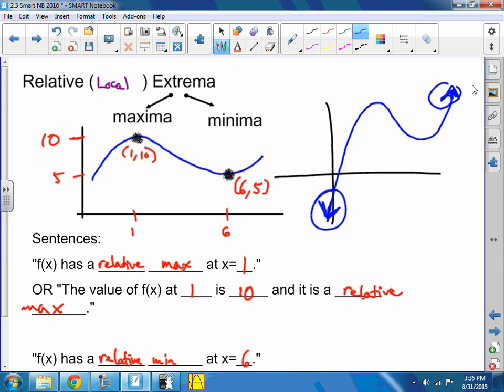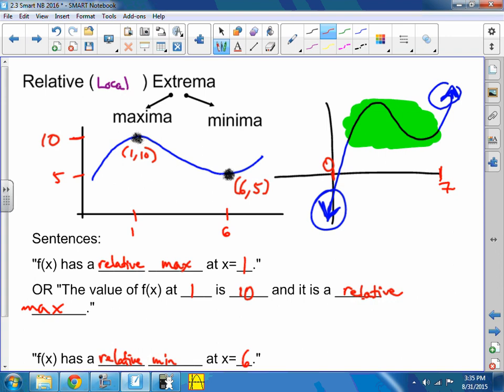But in this region that I'm highlighting right now, maybe between x equals 0 and x equals 7, we do have points that we might want to consider as highest or lowest.